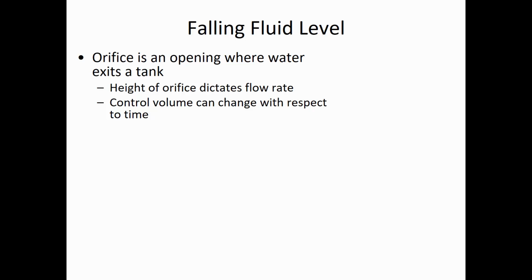And it's the pressure that causes the liquid to accelerate towards the opening. The control volume can change with respect to time. And what we mean by that is that the liquid level can fall or it can rise depending on if there's a net increase or decrease in the storage volume.